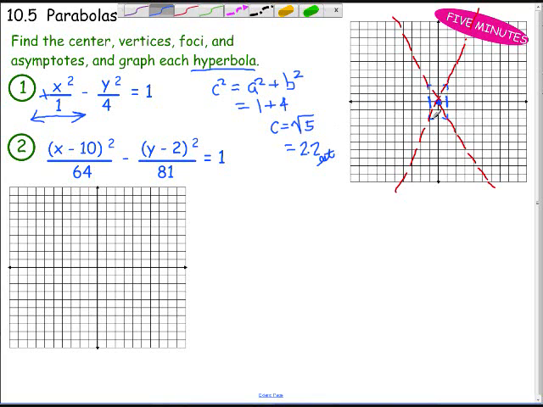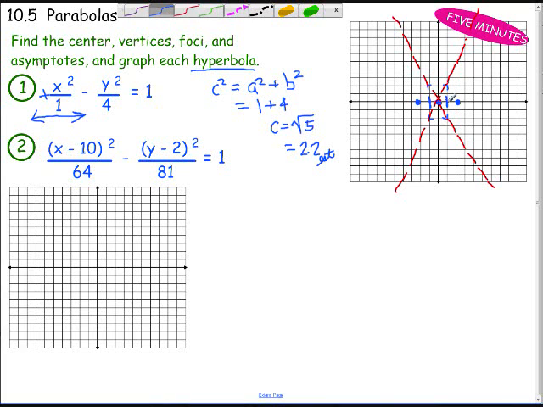You probably already have something better than that. From the center, 1, 2, just barely past 2. And from the center, 2 in the opposite direction, and just barely past that. So those are my foci.